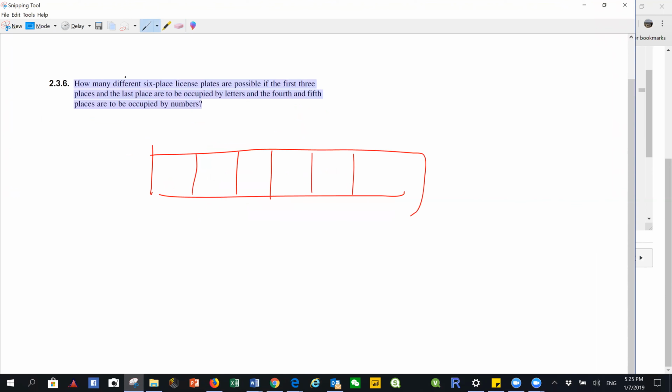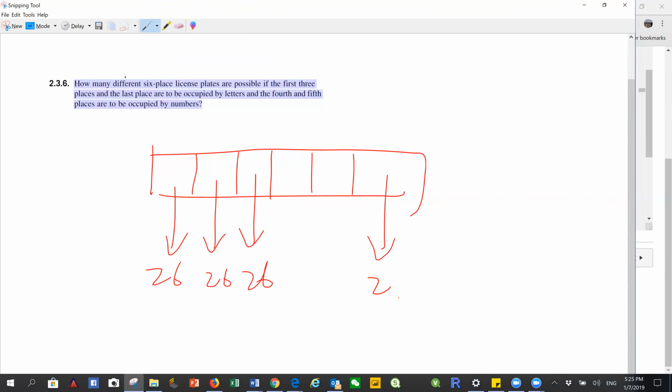One, two, three, four, five, six. If the first 3 and the last are letters, you have 26, 26, 26, 26. And the 4th and 5th are numbers, so they're 10.